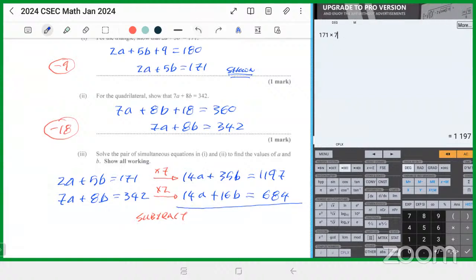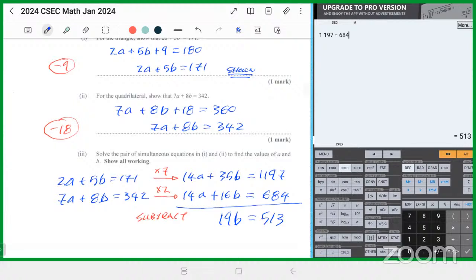And so I will have to do this 35B minus this 16B. So it's really 35 minus 16, that's 19. That's 19B, which will be equal now to this minus that. Let's write those out. So it's the 1197 minus 684. That's going to give us 513.